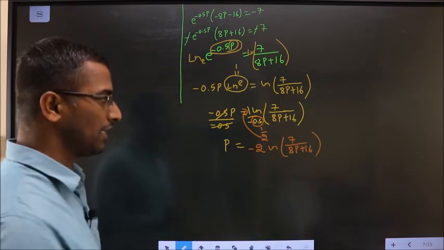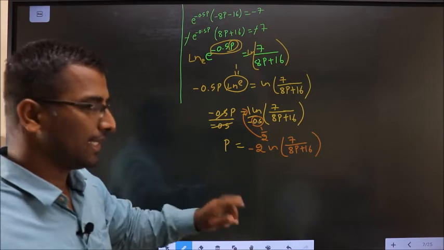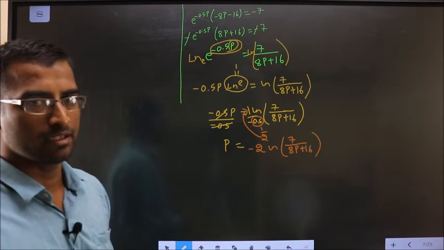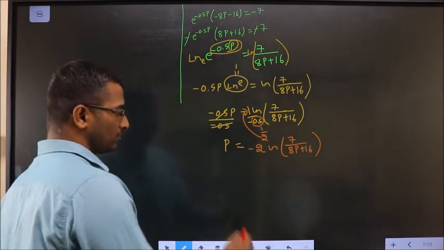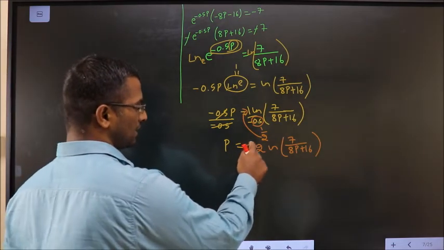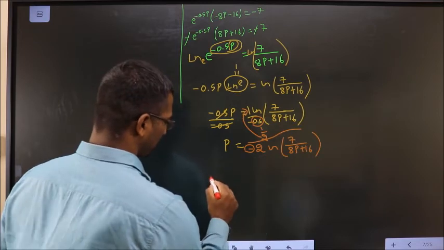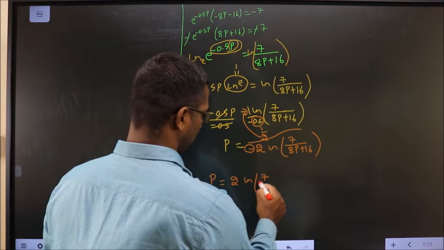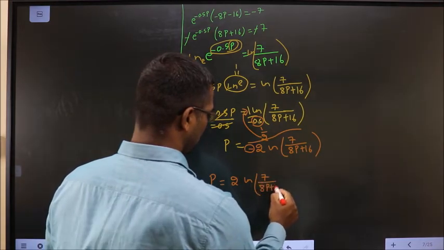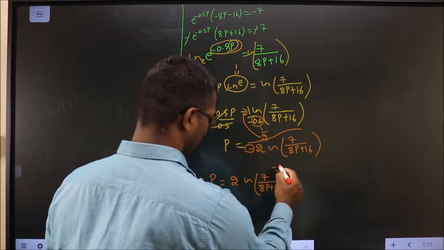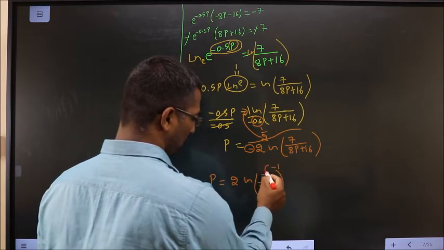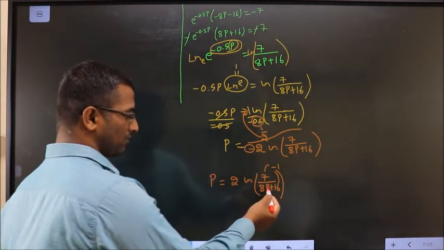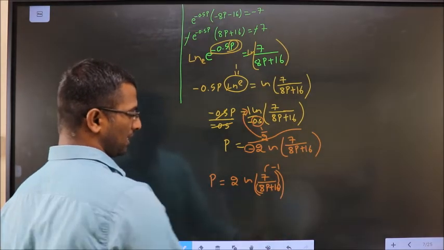In the question that we needed to show, it has 8p plus 16 at the top and 7 in the denominator. To get that, what I do is take this negative as the power. So p equals 2 ln of 7 by 8p plus 16, all to the power minus 1. So apply the power to each. When I apply, it will become 7 power minus 1 by this entire bracket power minus 1.